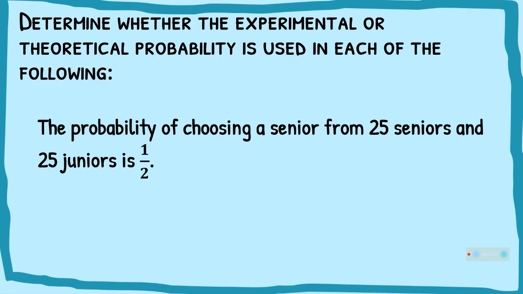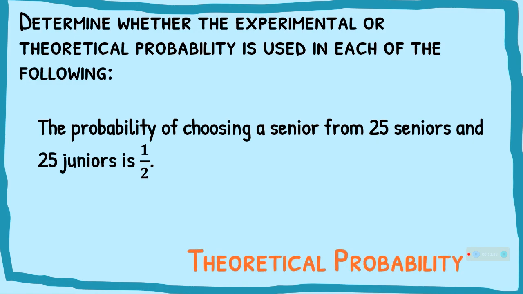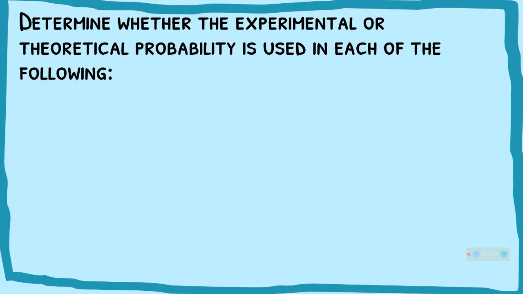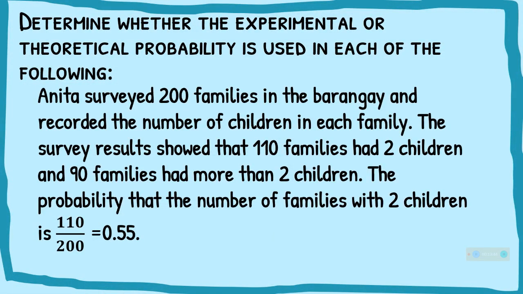Next, the probability of choosing a senior from 25 seniors and 25 juniors is 1/2. What type of probability is this? That's correct. We have theoretical probability. Next, Anita surveyed 200 families in the barangay and recorded the number of children in each family.